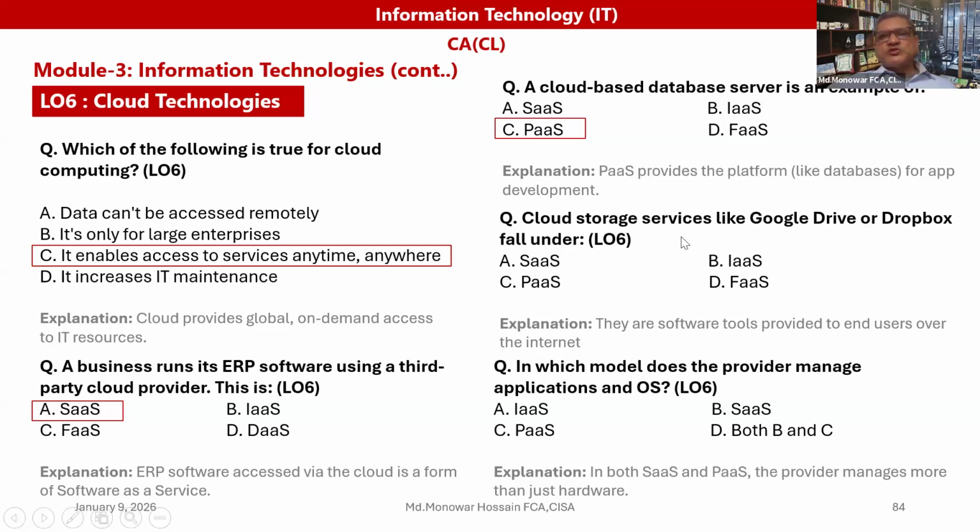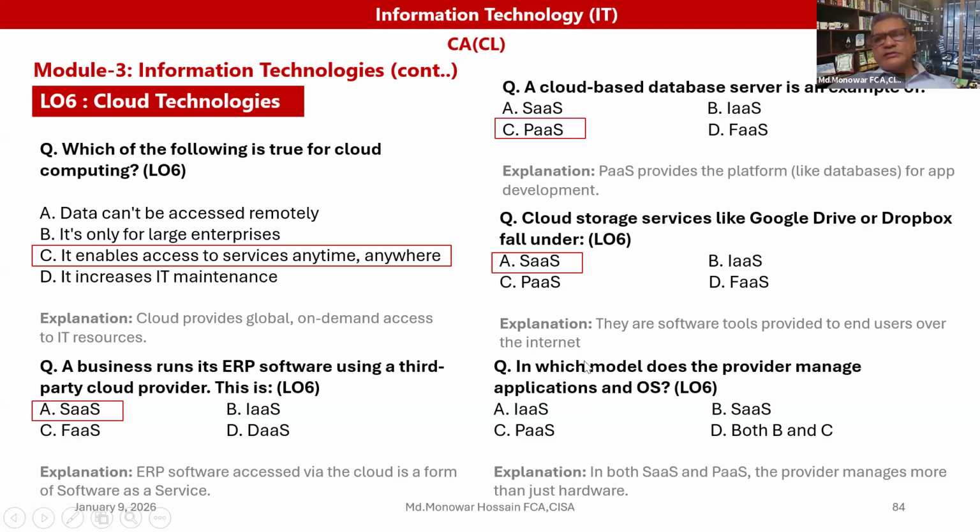Now, cloud storage services like Google Drive or Dropbox fall under which one? Cloud storage service is also software as a service. Their software, Google Drive, Dropbox, is software as a service, tools provided to the end user over the internet.